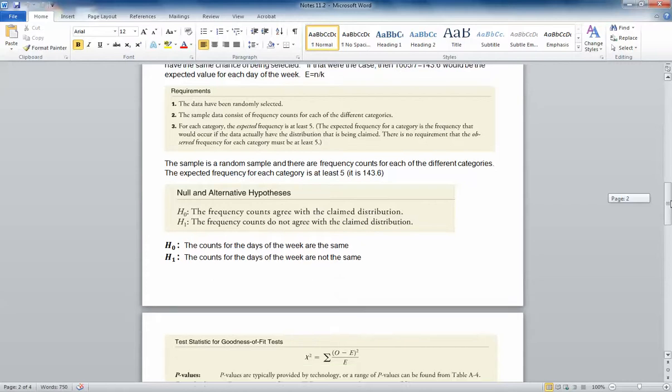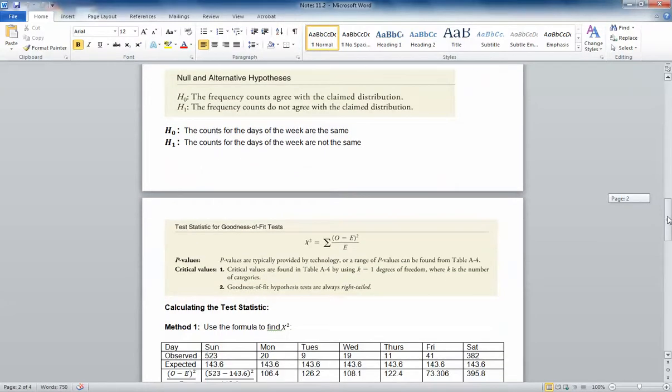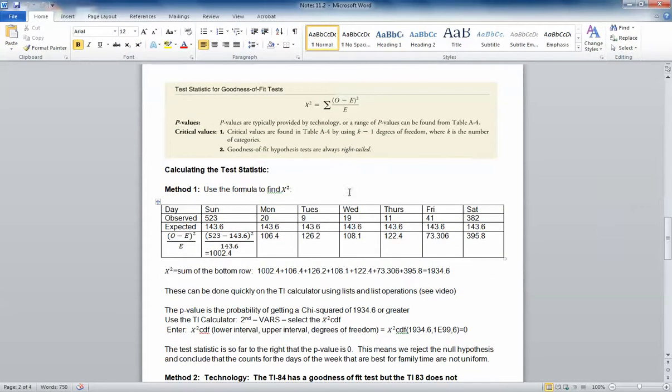The test statistic, to find that chi-squared, we would take the sum of our observed minus expected squared divided by expected for each item in the table. So what I've got, the table here, we have our days of the week, our observed values, our expected values, and then the observed minus expected squared divided by E is in the row across the bottom.